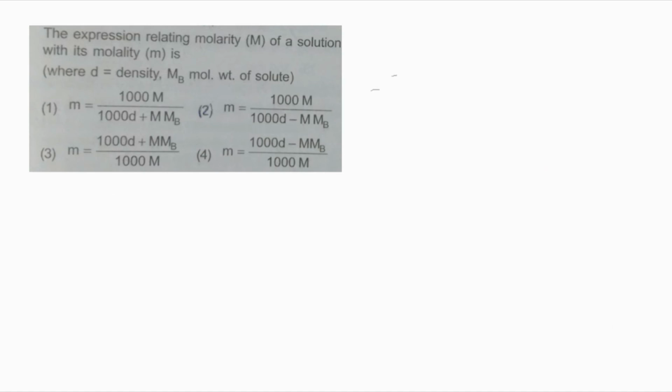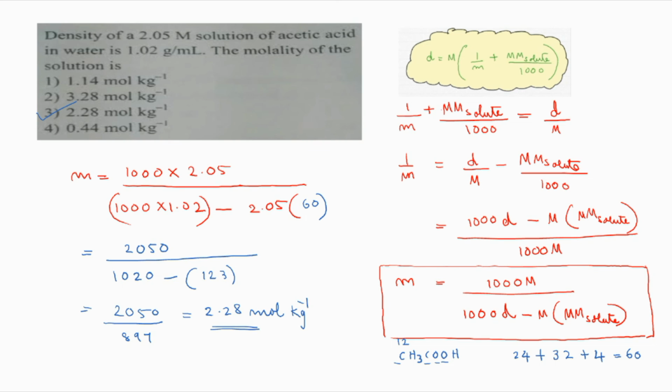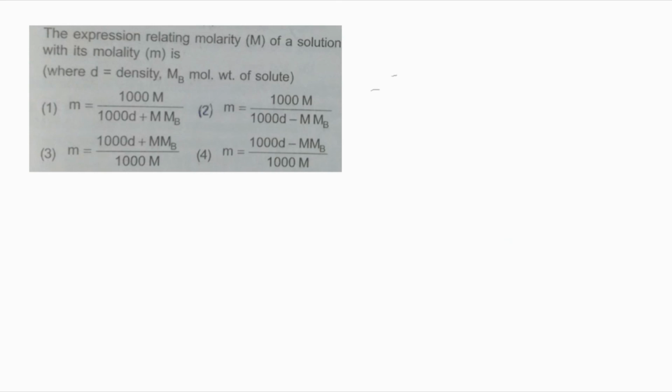Now see another question. The expression relating molarity of a solution with its molality will be. See the options also, they are asking molality directly. In the previous page, we have just written this one. So try to recollect.